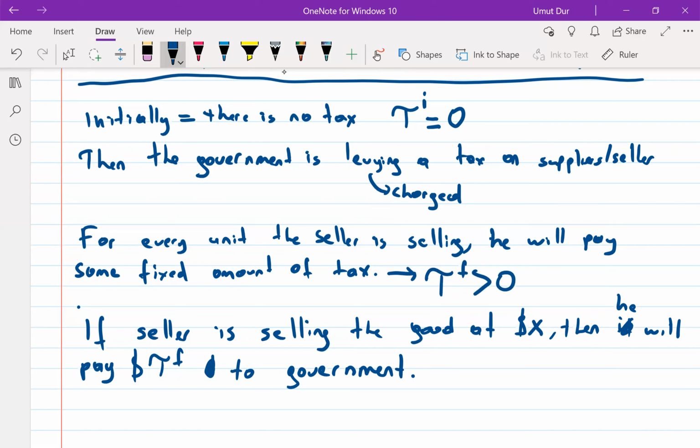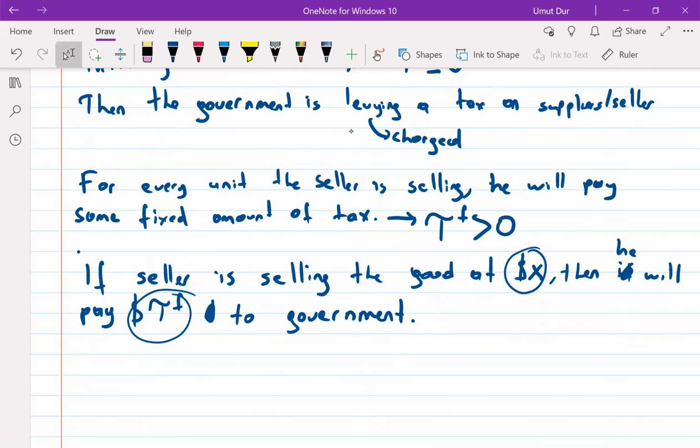So what is left for him? Simple question. Exactly, it will be the price that he is charging minus the tax. It is not something very complicated.